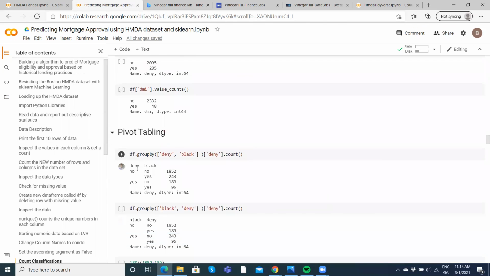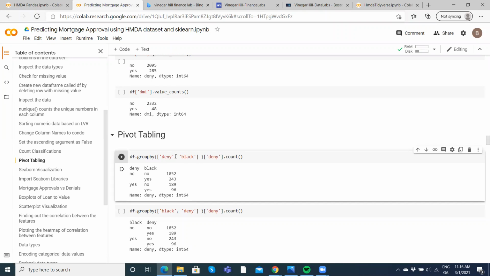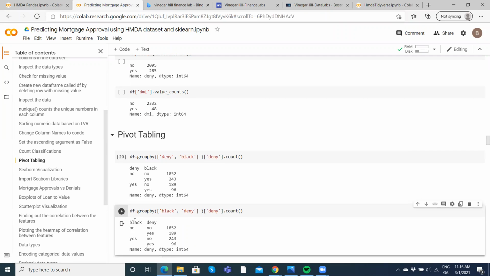Okay, now we can take some quick summary statistics here. We can just group our data by categories and do some counts. Now we can change the order of this, and in the first category, put those individuals who are not Black or African American or Latino.